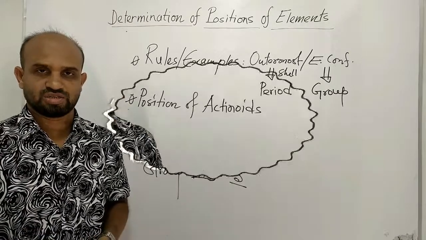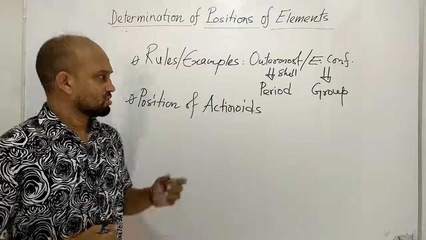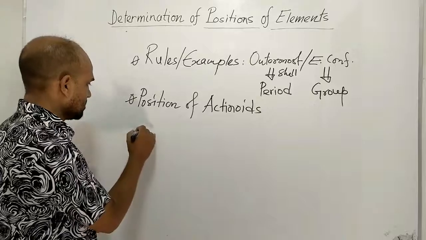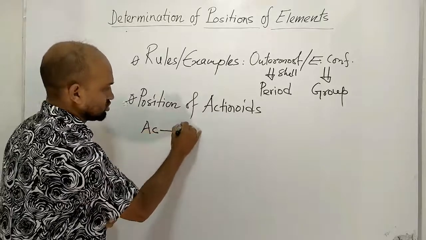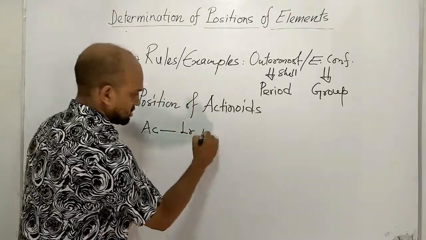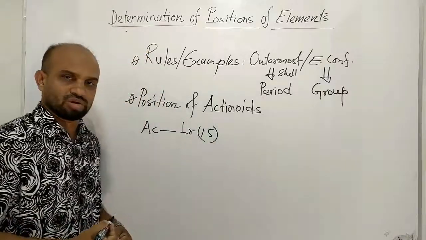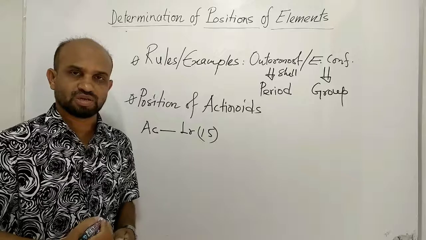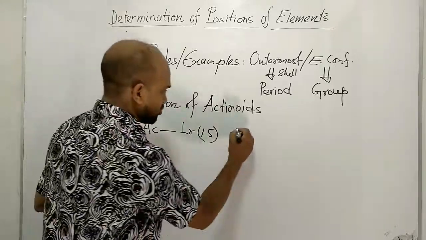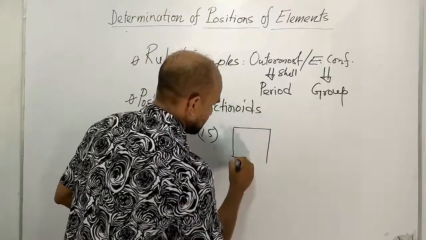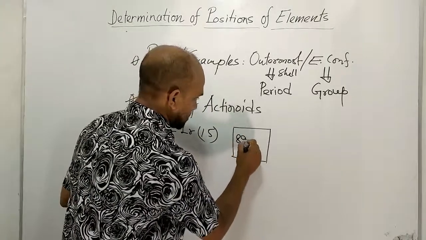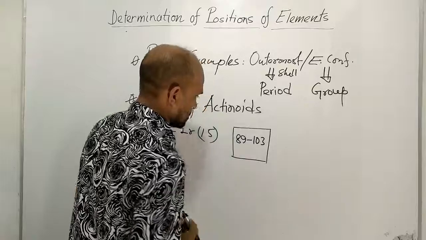Let's see the next point. Now position of actinoids. In the periodic table, actinium to lawrencium, these 15 elements are called actinoids, and all these 15 elements belong to a specific place in the periodic table, that means atomic number 89 to 103.